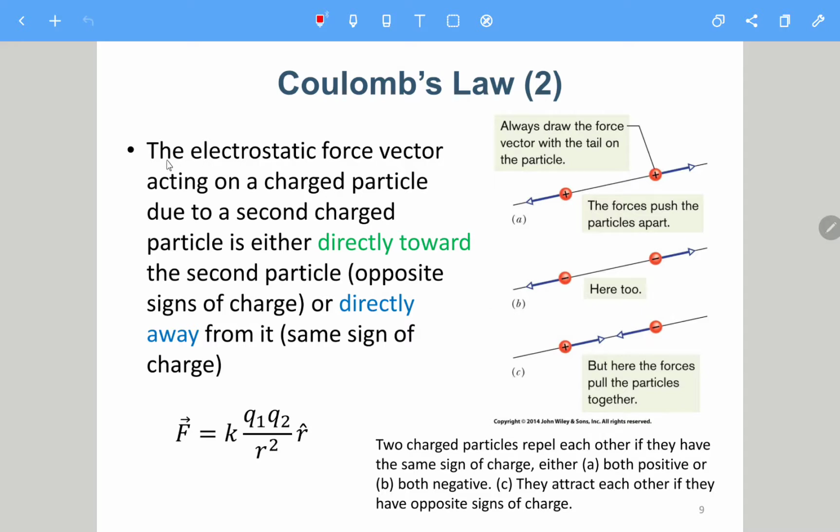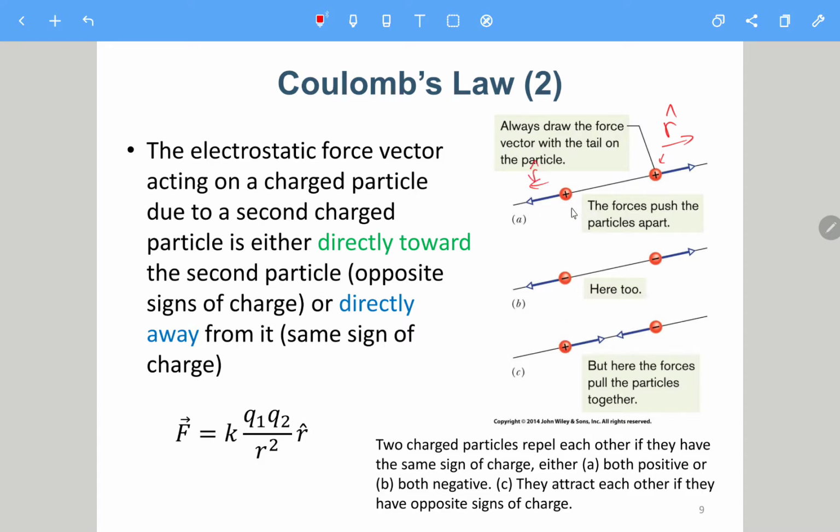Okay, so here it says the electrostatic force vector acting on a charged particle due to a second charged particle is either directly toward the second particle or directly away from it. Just now we mentioned that the r hat for the right one points to the right side, the r hat for the left one points to the left side.